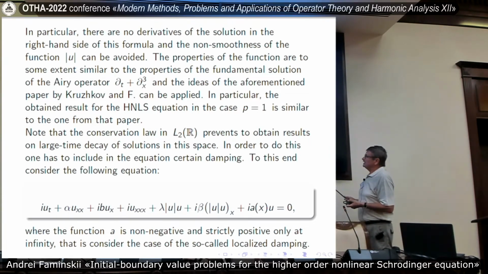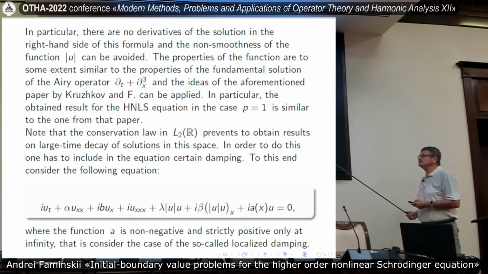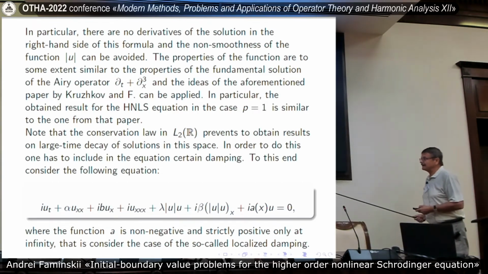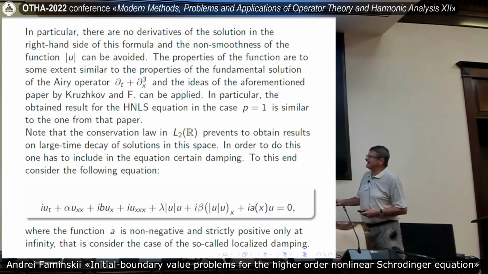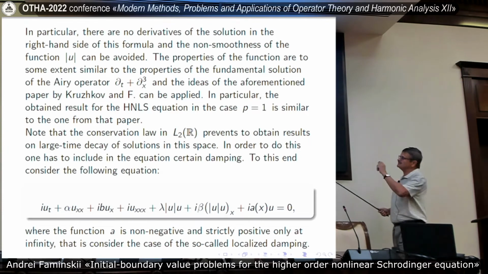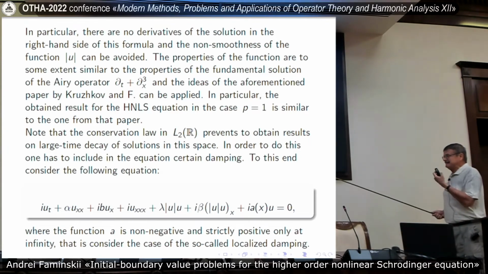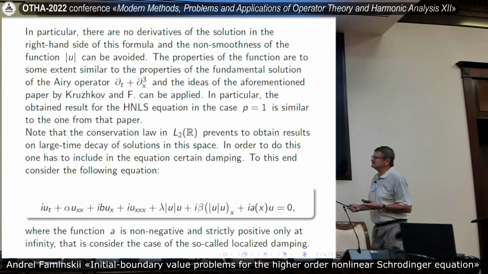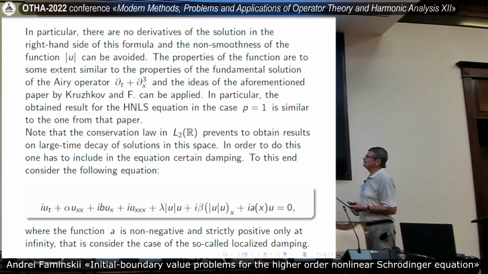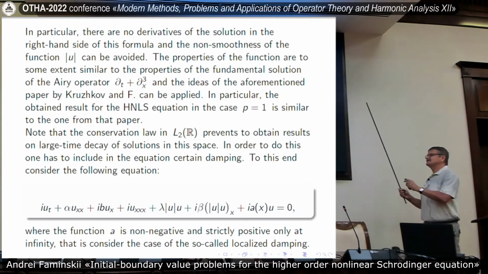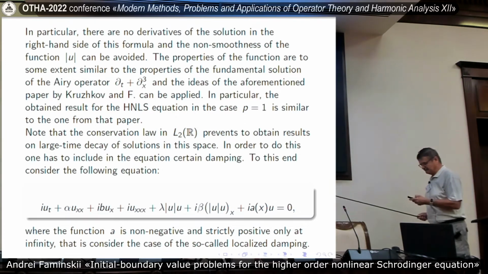But we have to supplement our equation with certain damping. If the function a is strictly positive on the whole line, then the result is obvious. But here the idea is that it is non-negative and strictly positive only at infinity. So this case is called the case of localized damping.